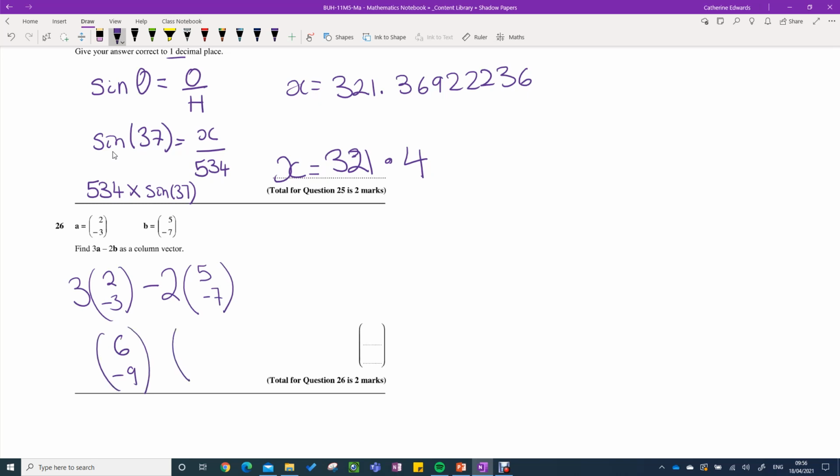And then minus 2 times 5 is minus 10. Minus 2 times minus 7 is positive 14. So I've got 6 take away 10, which is minus 4. And I've got minus 9 add 14, which is positive 5. And that's it. It's just doing your substitution, but you're doing it twice.